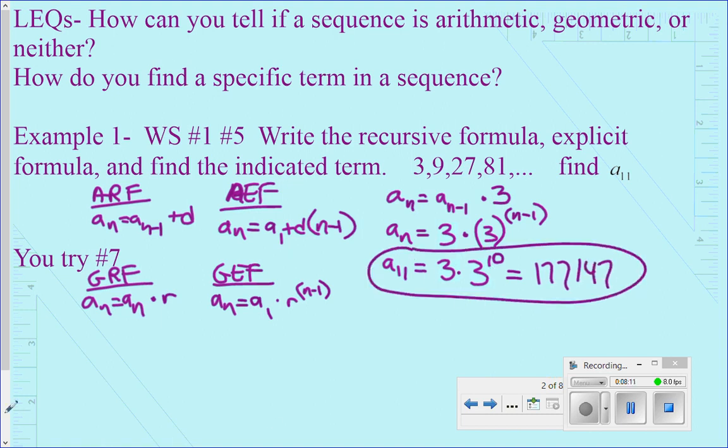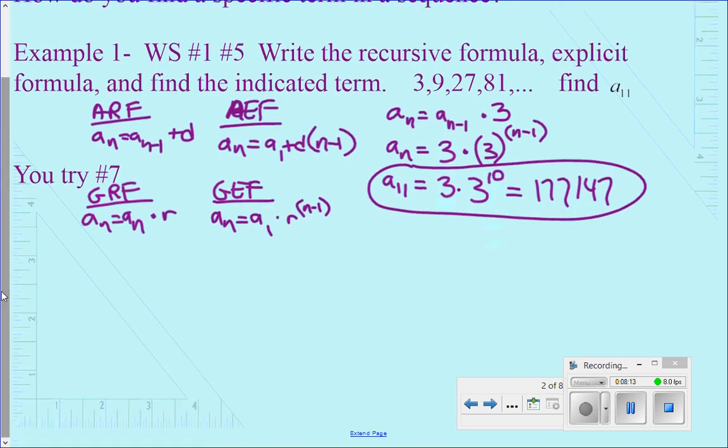Okay. All right, next in class, I had students try problem number 7. So take a moment, pause the video and try it, then play to check your answers. So number 7 was -1, 2, -4, 8.